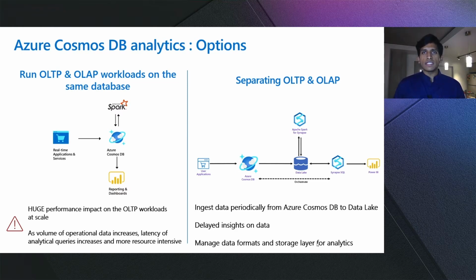Further, once the data lands in the data lake, data engineers have to continuously ensure that the data is in an optimized columnar format for their analytical workload needs as the data evolves upstream. It is only after this that the data can then be transformed, enriched, and served in analytical workloads. Thus, the analytical workloads are not running against the latest state of operational data, leading to delayed insights.